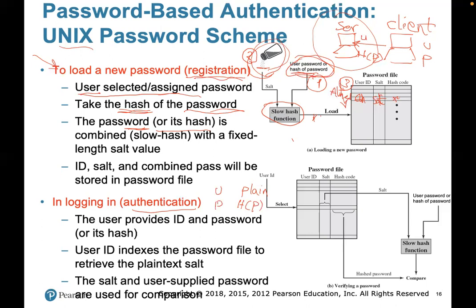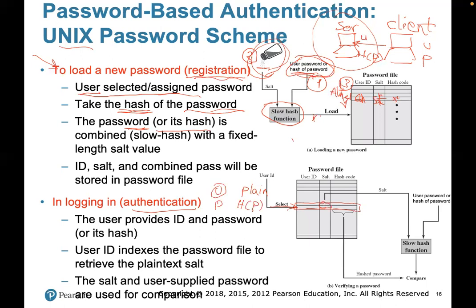The username or user ID is used to find a specific row of this table which relates to that user. So the server side goes to this specific row, and here it takes the salt value.